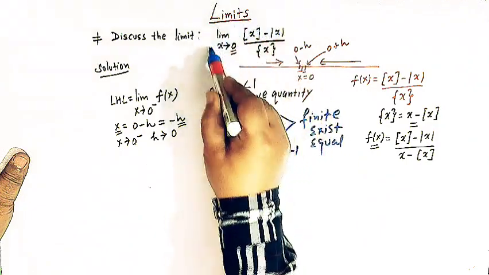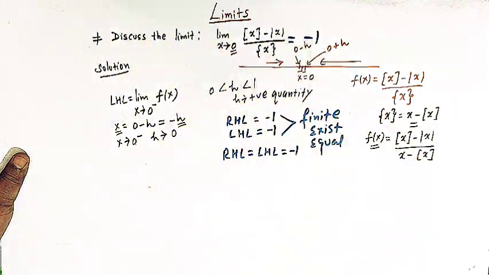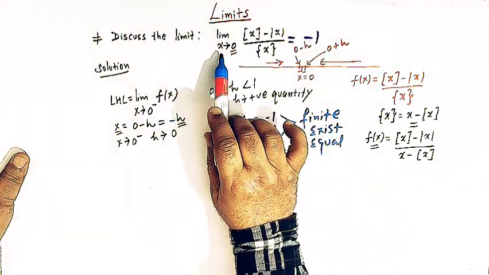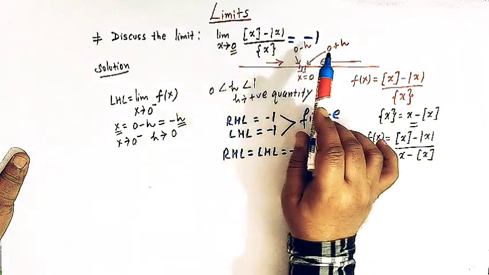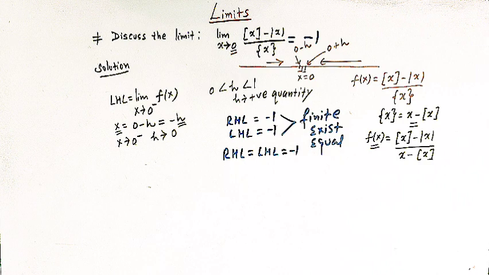So we can claim that this limit is equal to minus 1, right? And we can say that the limit of this function when x approaches 0 exists and equals minus 1. So this is how, by making use of the concept of right hand limit and left hand limit, we can prove the existence of the limit of a function at a given point.